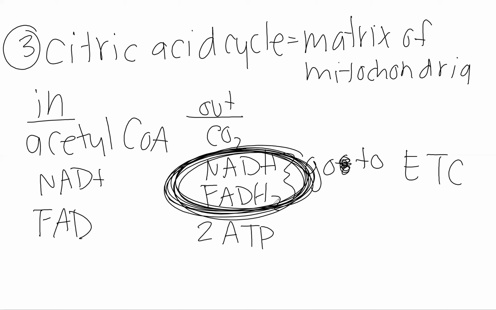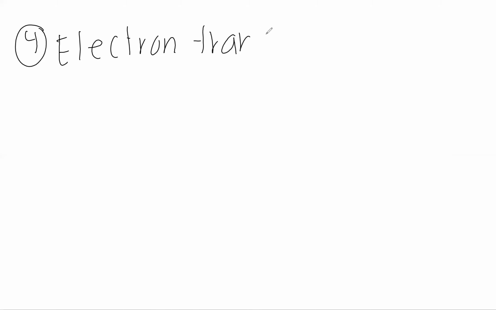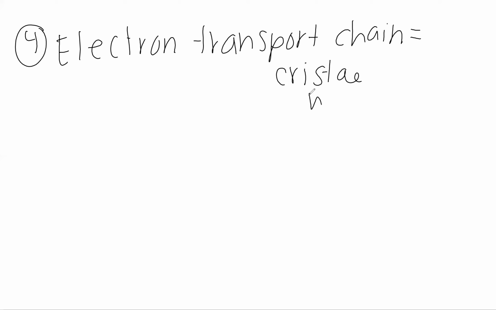And finally, our fourth and last step in cellular respiration is the electron transport chain itself. And that occurs in the cristae of the mitochondria.